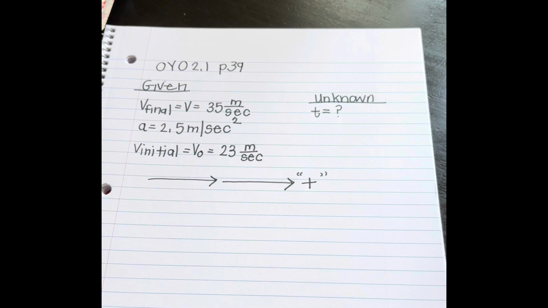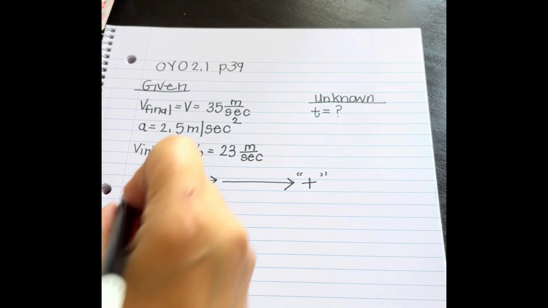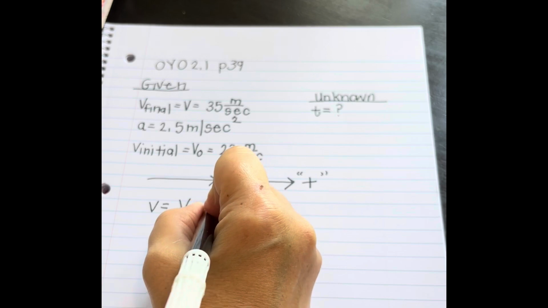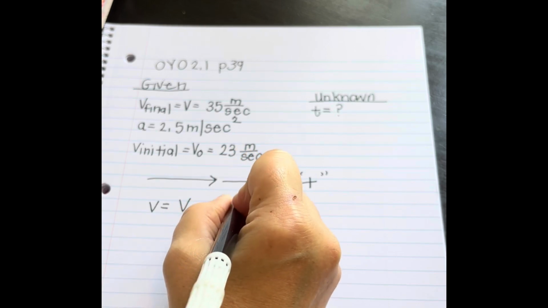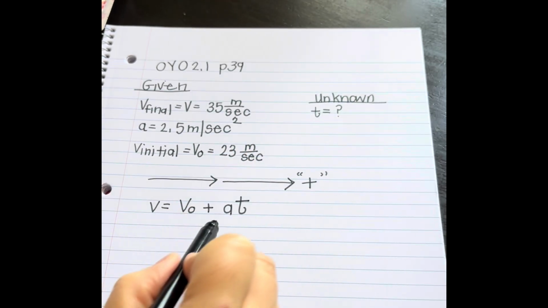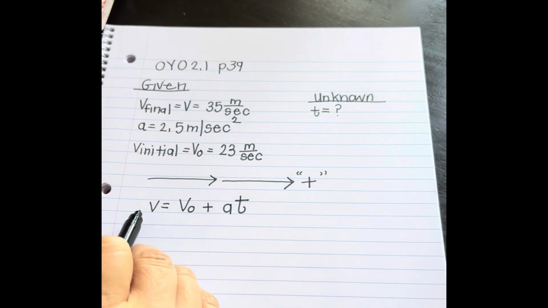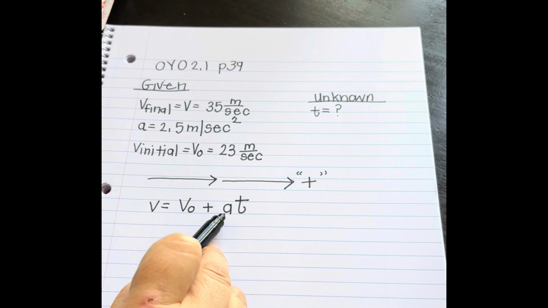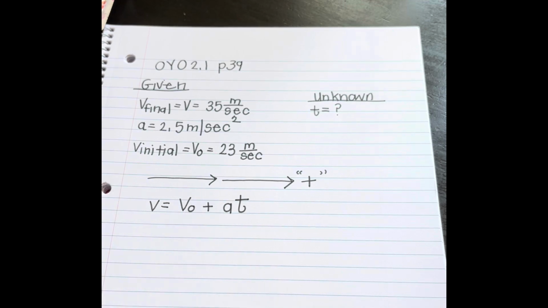All right, so now we have to figure out what equation will help us solve this. We can go to the one that we just learned: V equals V naught plus A T. So once again, we know V, we know V naught, and we know A. So we have to solve the equation for T. We can rearrange it algebraically.